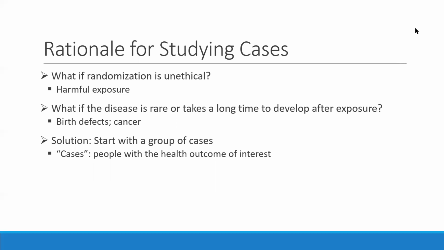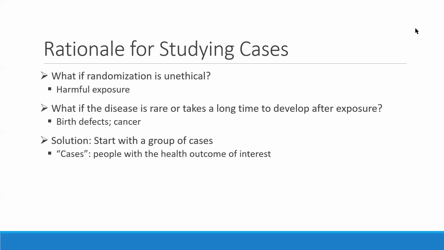For example, if you want to investigate the association between smoking and cancer, you can't make people smoke to see if they're going to have cancer. Sometimes the exposure is a characteristic of the person, their age, ethnicity, gender. It's not something you can expose people to. So you need different designs.